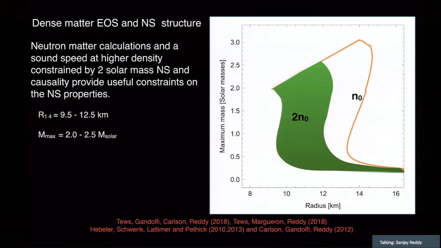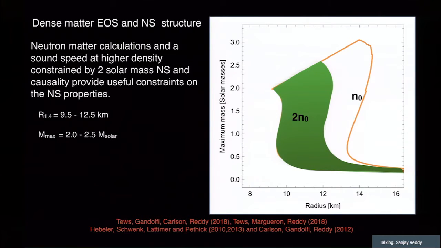So what that implies is now we have an equation of state. Really, we have billions or millions of equations of state constructed. But as long as they satisfy those boundaries, you can construct neutron stars using a specific model.